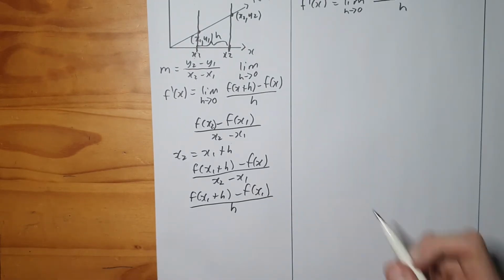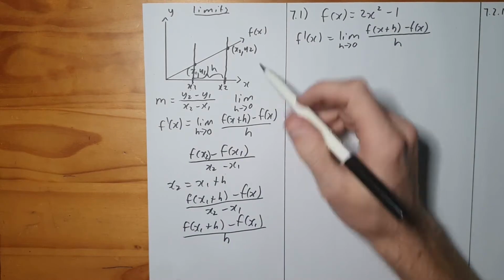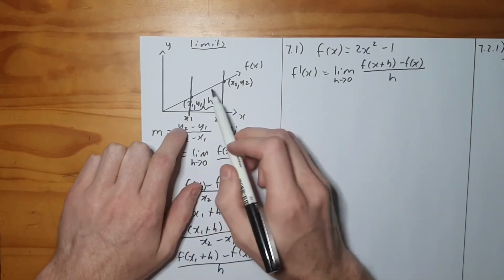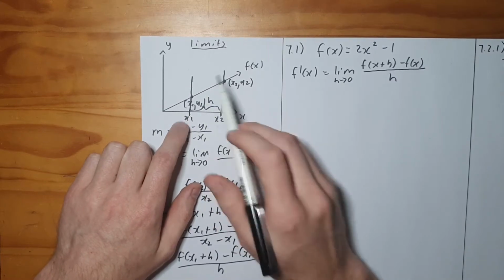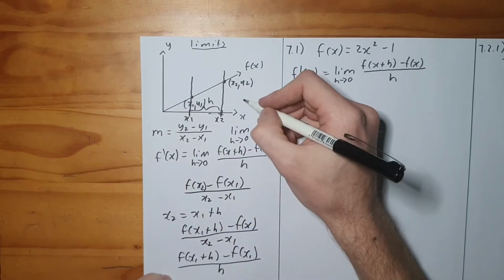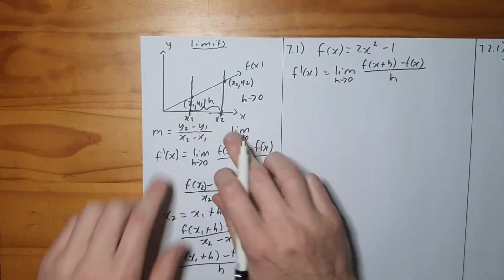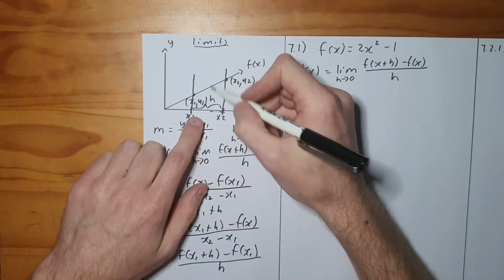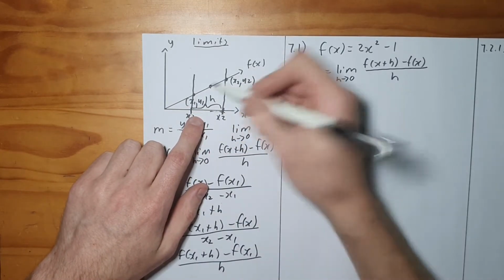Now when we take the limit, what we're asking is, if I make this interval over here extremely small, what is happening to the function? So I'm going to make h tend to 0. If I let h go to 0, meaning that this interval becomes so small that it looks like it doesn't exist, what happens to the function?